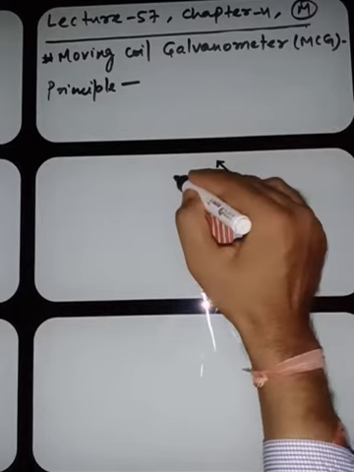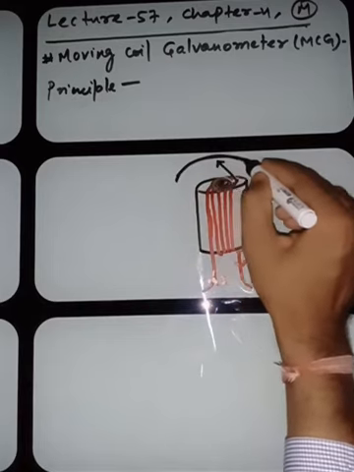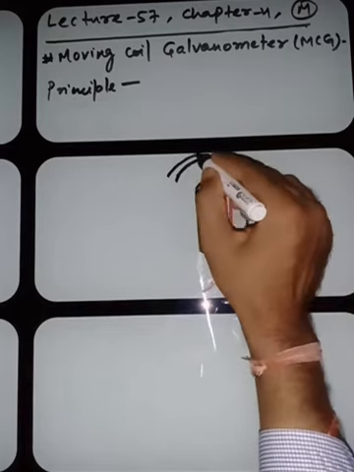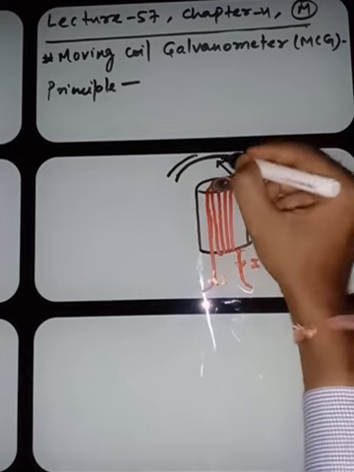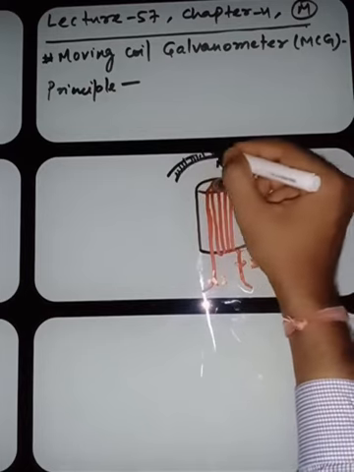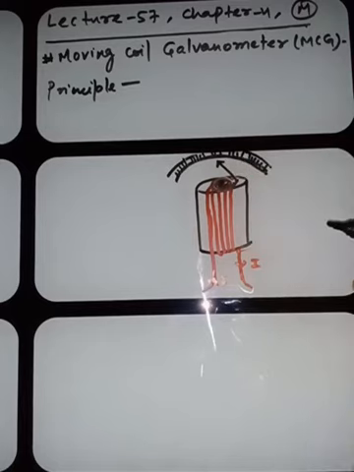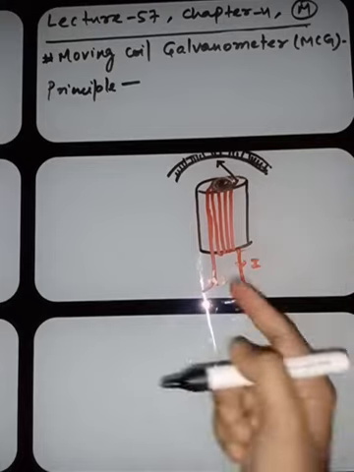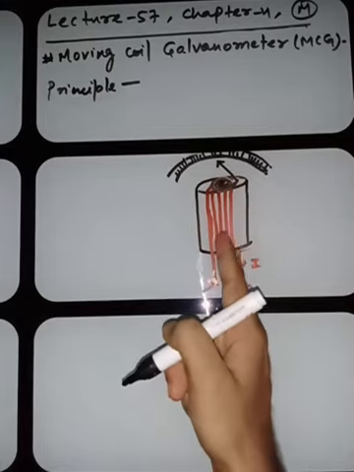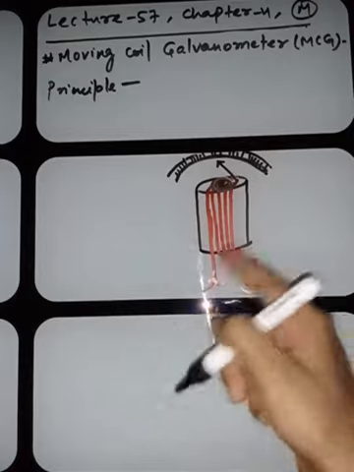All right, and this pointer is provided with a scale. There will be a scale on which markings are done. Okay, divisions are given for the measurement. This is the scale.